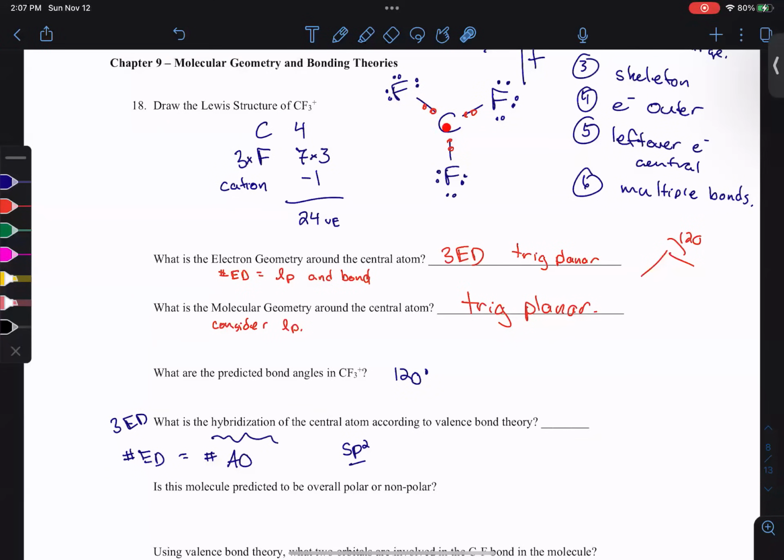And so all of these bonds create this polar bond, but we need to think about how those bonds are oriented in 3 dimensions. We already said all those bonds are 120 degrees from one another. So if we think about those bonds as vectors, since they're all 120 degrees, they all cancel out with one another. And that was said in the chat, very good. So this molecule would be nonpolar.